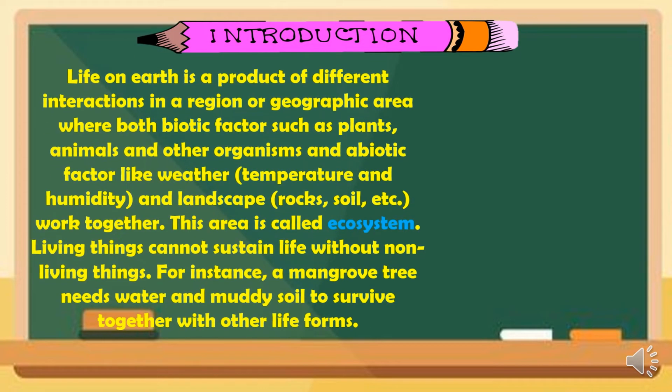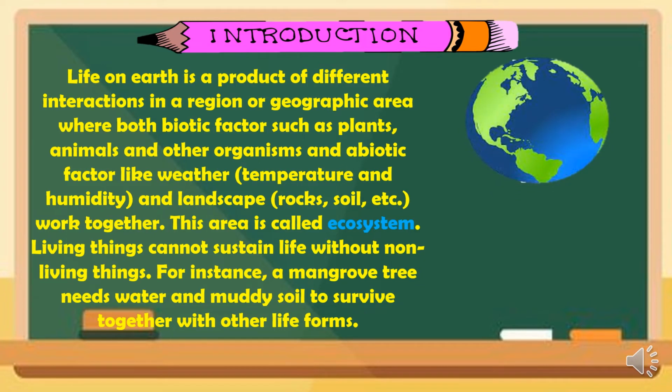This is the introduction. Life on Earth is a product of different interactions in a region or geographic area where both biotic factors such as plants, animals, and other organisms, and abiotic factors like weather, temperature and humidity, and landscape, rocks, soil, etc. work together.